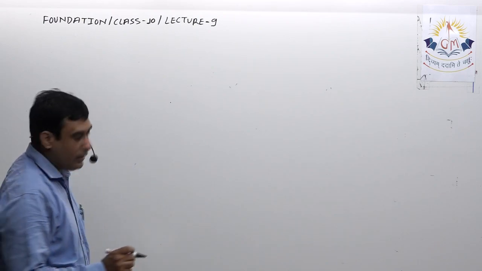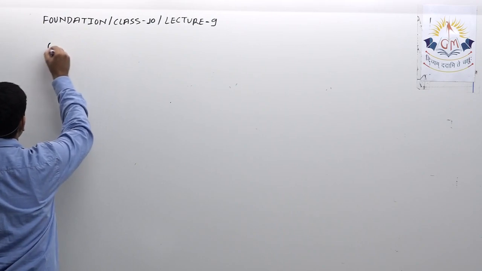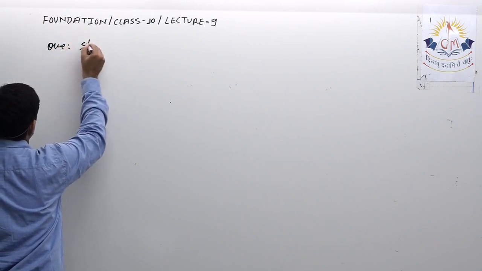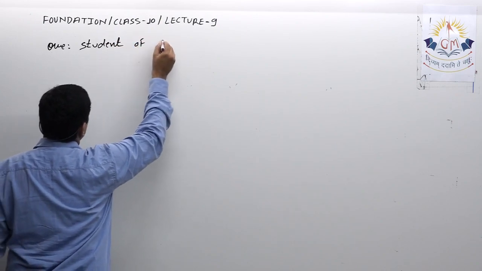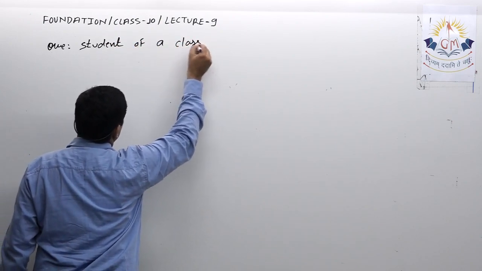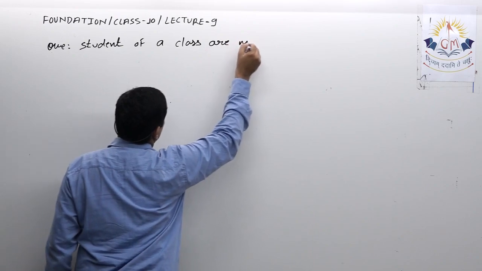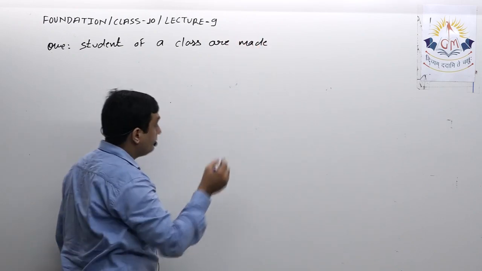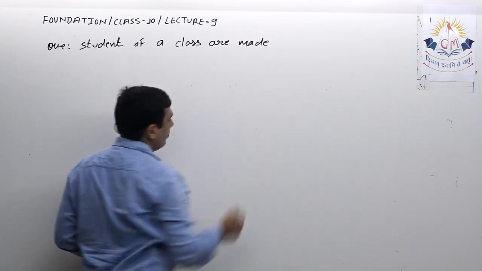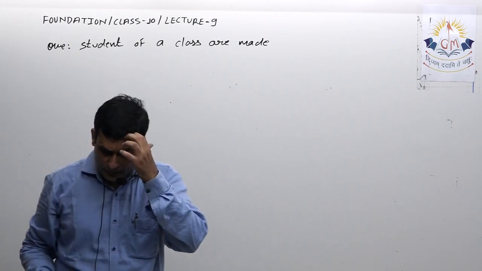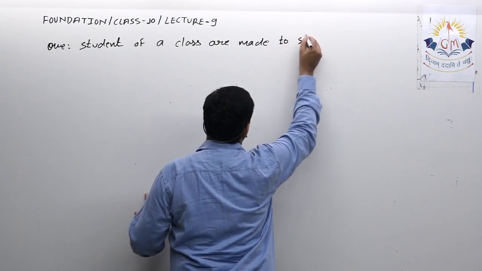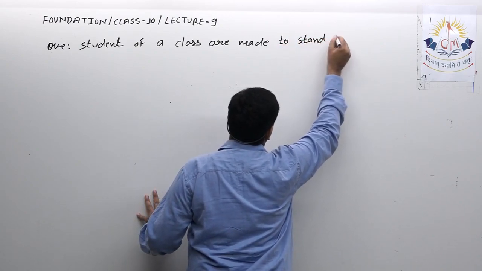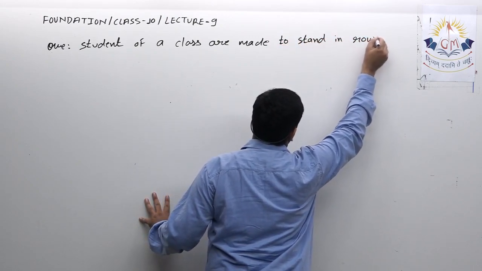Students of a class are made to stand in rows.